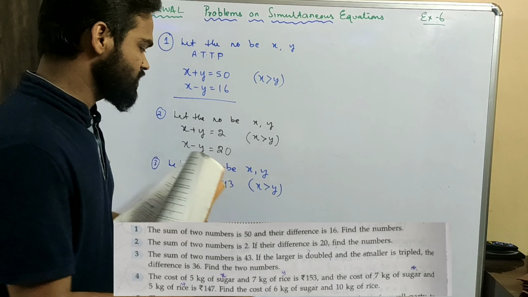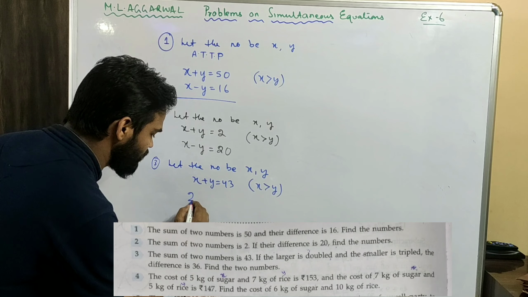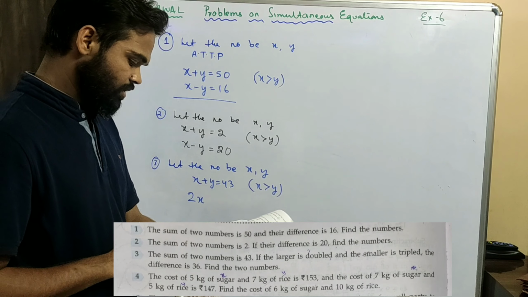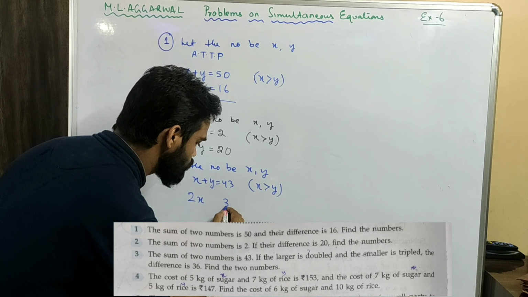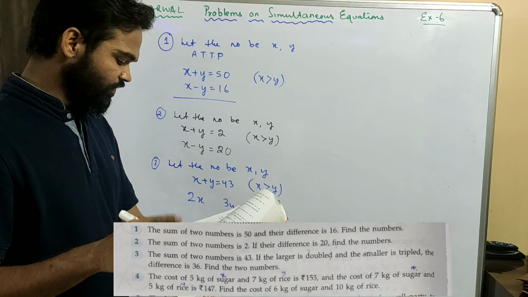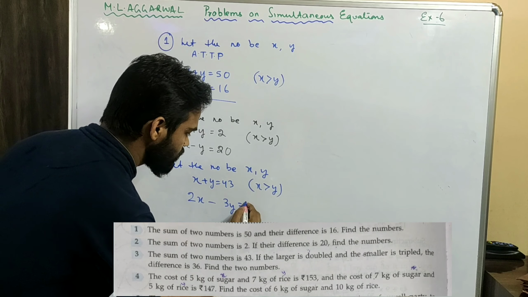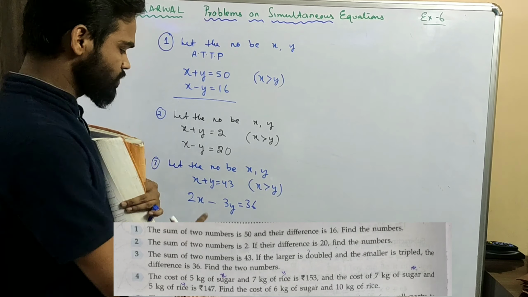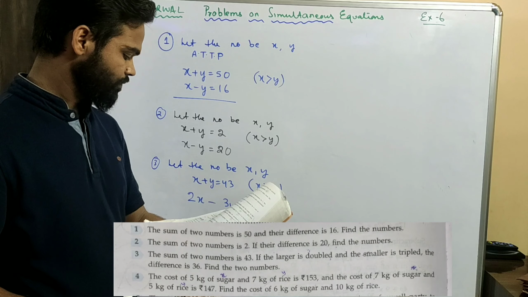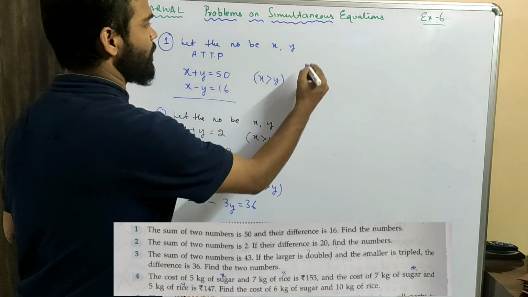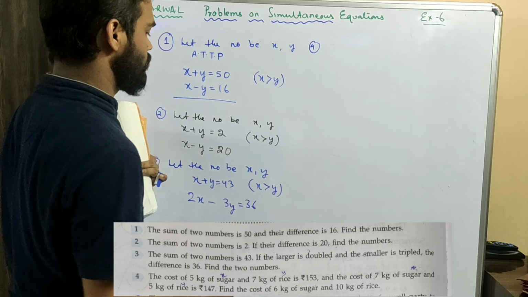If the larger is doubled, which means twice x, and the smaller is tripled, the difference is 36. Done. Difference means the larger minus the smaller. Clear?